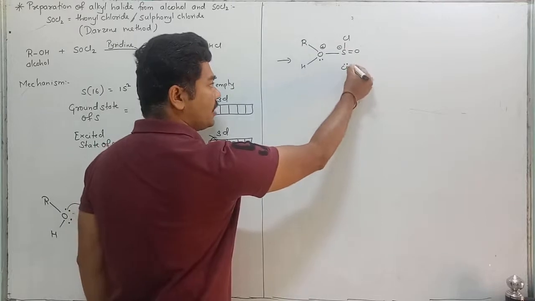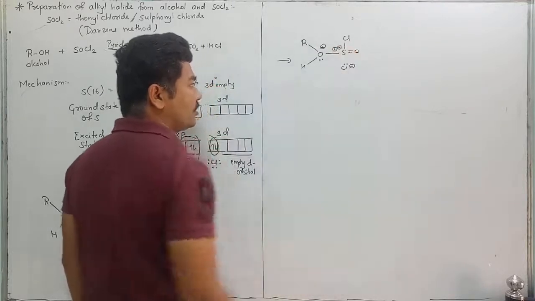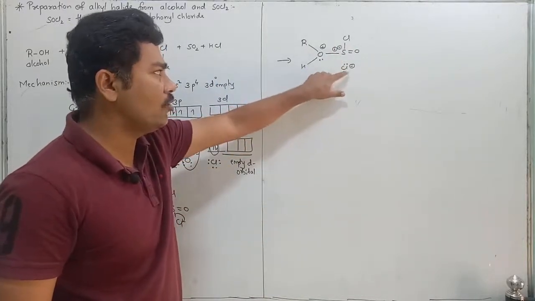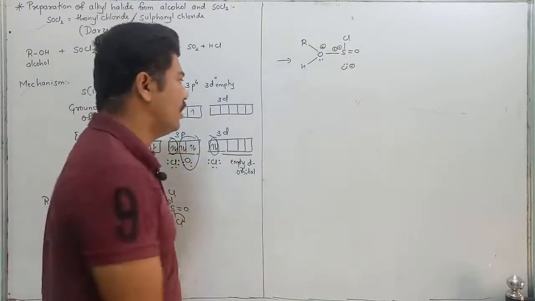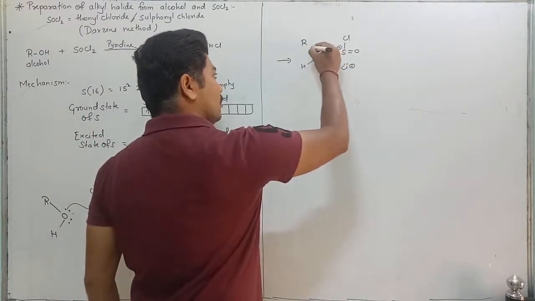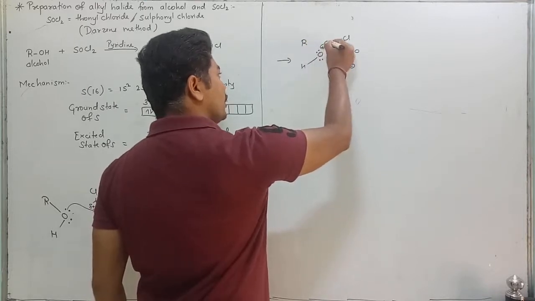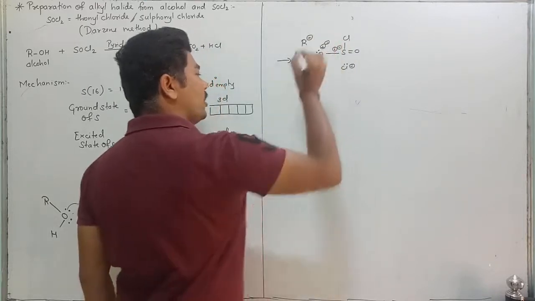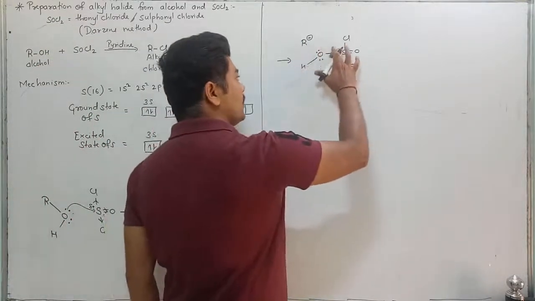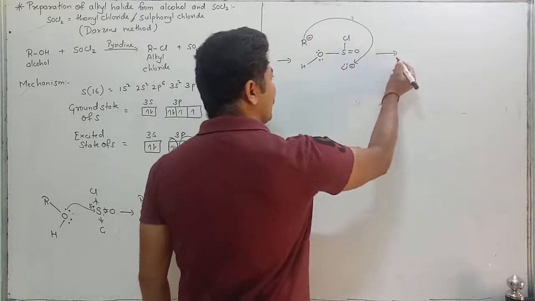Therefore, chlorine carries a negative charge, and sulfur has donated 1 electron, therefore it carries a positive charge. Similarly, oxygen has accepted an electron, it carries a negative charge, and R has donated an electron, it carries a positive charge. Okay, this plus and minus get neutralized, positive is attracted towards negative.